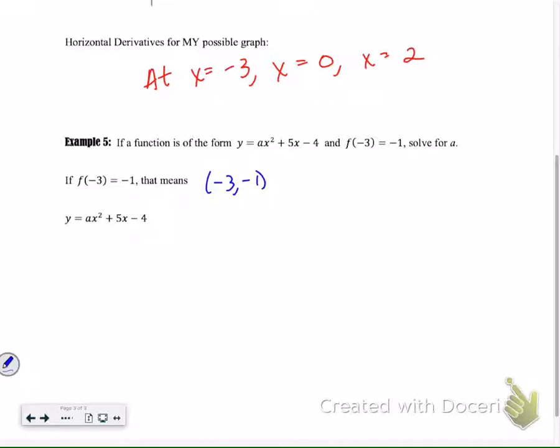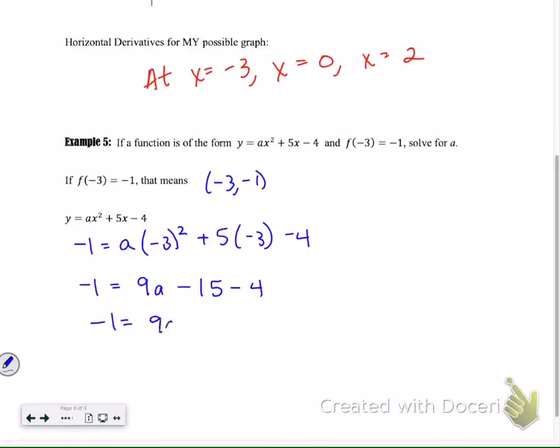So that's going to be -1 would be equal to a times -3 squared plus 5 times -3 minus 4. Okay, so that's going to be -1 is equal to 9a minus 15 minus 4. Okay, so -1 is equal to 9a minus 19. 18 would be equal to 9a.